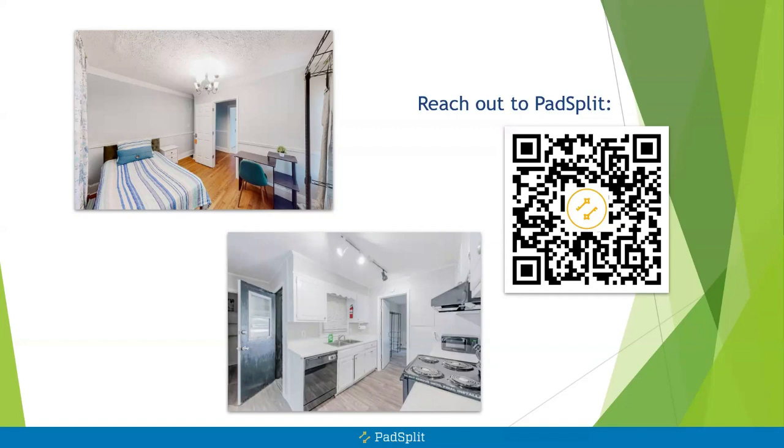Save this QR code for when you're ready to explore further or want to do an analysis on a particular property. If you save that link with the QR code, it allows you to do an analysis and puts you directly in touch with one of the sales reps at PadSplit who can walk you through the process.